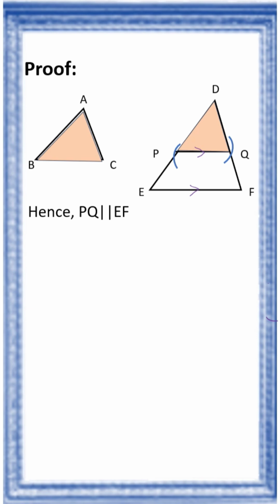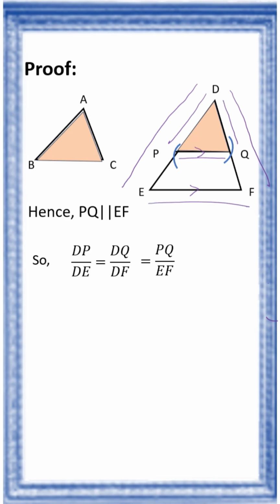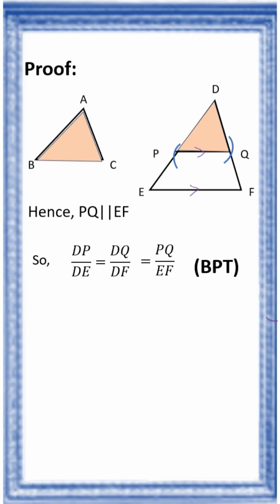BPT can also be like this: DP by DE is equal to DQ by DF is equal to PQ by EF. This is also BPT. I am writing the ratio, but there is a problem. We haven't proved this theorem yet, isn't it? We have to prove the result.